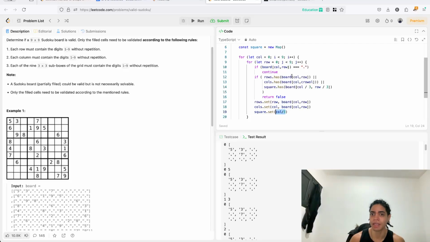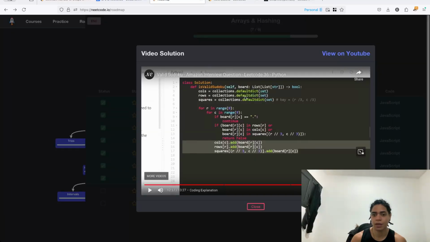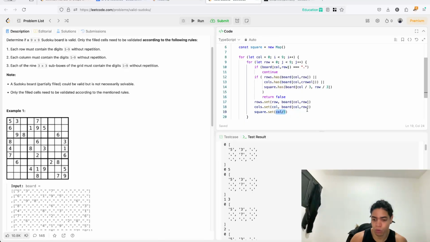Here we're going to store a representation of this, a tuple, which is just a fancy name to say the column and row divided by 3, followed by the values of the board on the columns and the row at that position.